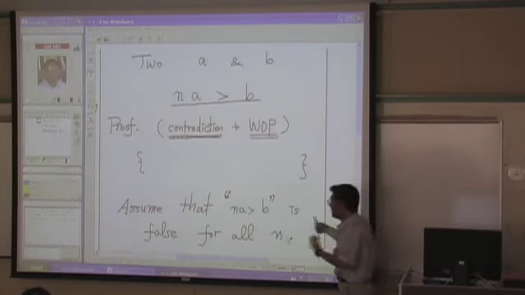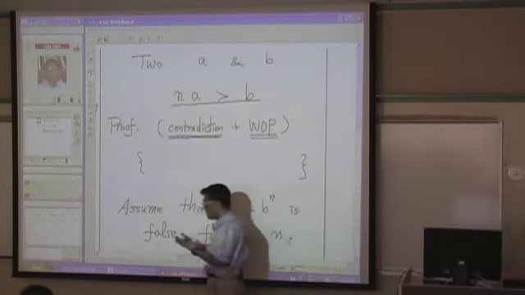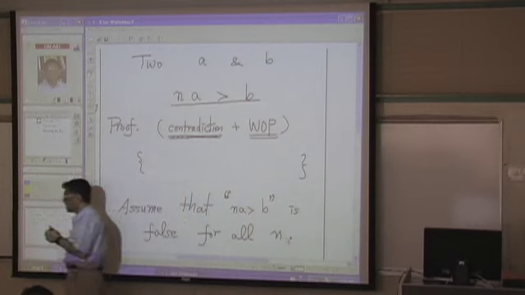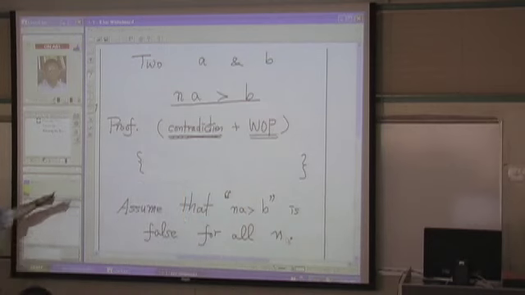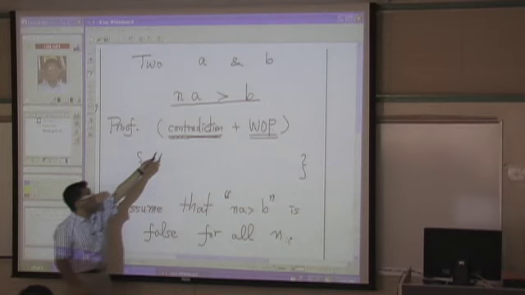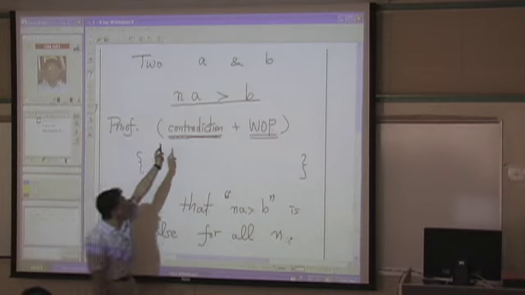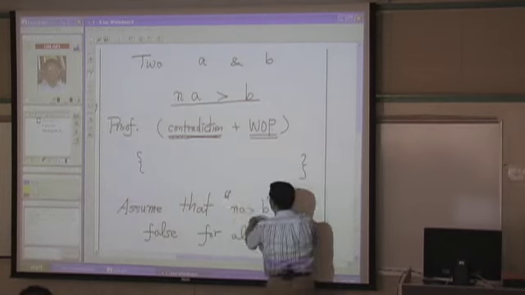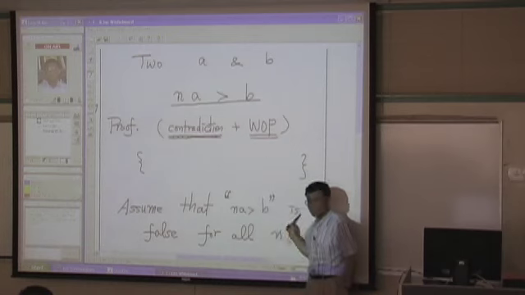So you are seeing the technique. When you want to prove something, we use proof by contradiction. We somehow assume that this is wrong, the result is wrong. So this is the key idea.